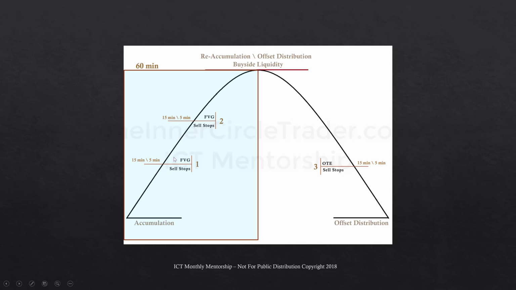Once we get to the 60-minute time frame, if we rally up and we stop in here, we could create a short-term high. If 20 to 30 or 10, 20, or 30 pips is where we get to terminus, then we know that we have a strong likelihood of the market not running the sell stops.